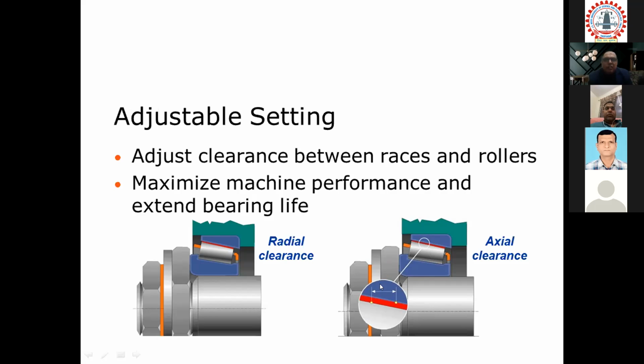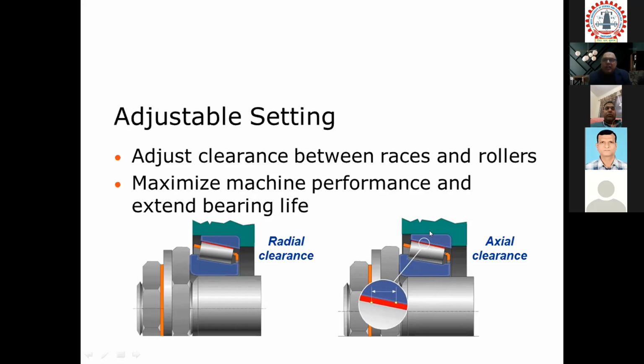By tightening this bolt, you can do it here. But ball bearings would typically be preset. So by fitment, you cannot change the clearance of a ball bearing, but you can change it a little bit by the fit on the shaft and housing.